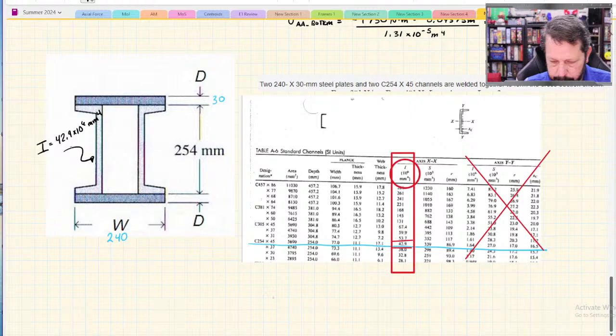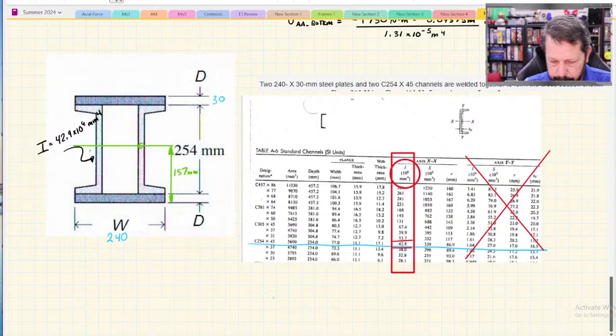Fortunately, for this cross-section that we've fabricated here, the centroid is right in the center. That distance is just 254 plus 30 divided by 2, so the total height divided by 2, 157.